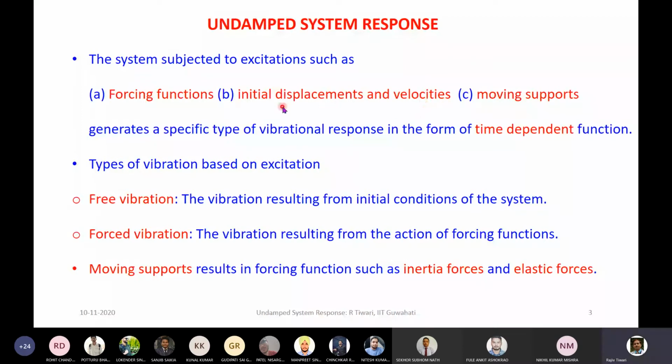Or if you give some initial disturbance and then leave it to oscillate, how the system will vibrate is another kind. As I told, these are actually initial conditions, but we are defining the excitation in a more general way so that it covers all aspects of the forces.